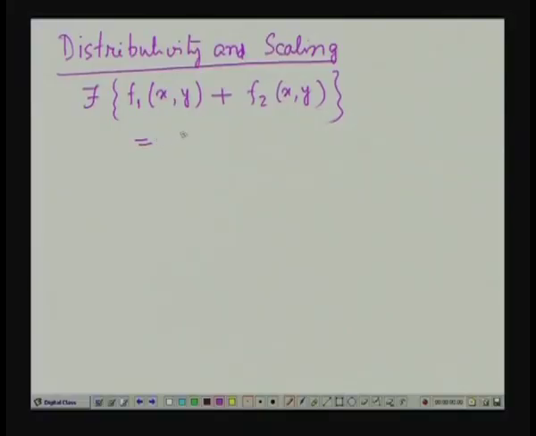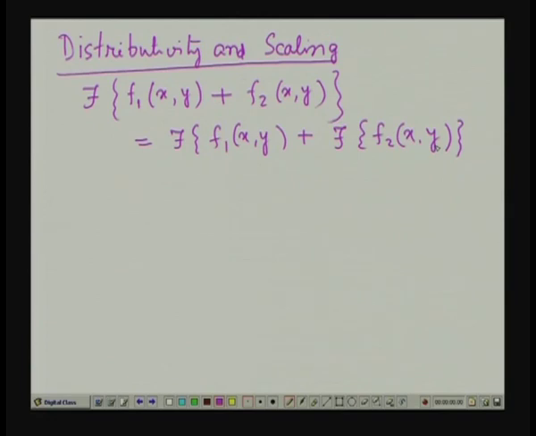this Fourier transformation will be the same as the Fourier transformation of f1 xy plus the Fourier transformation of f2 xy. So, this is true under addition for these two signals f1 xy and f2 xy.